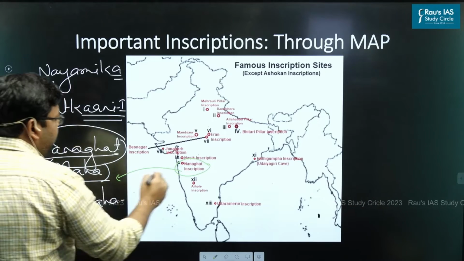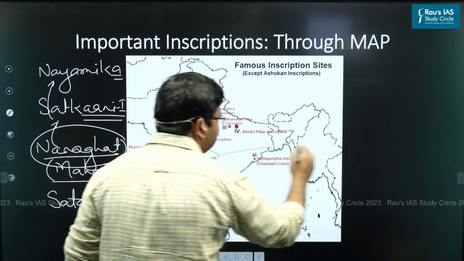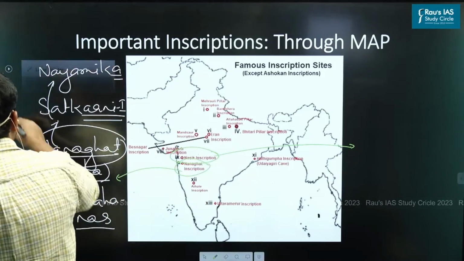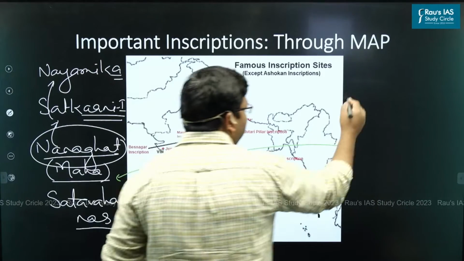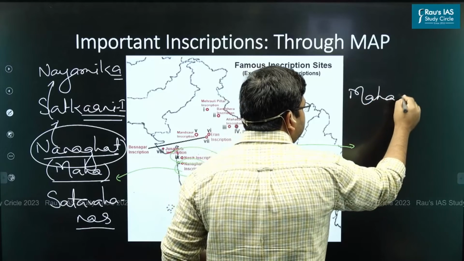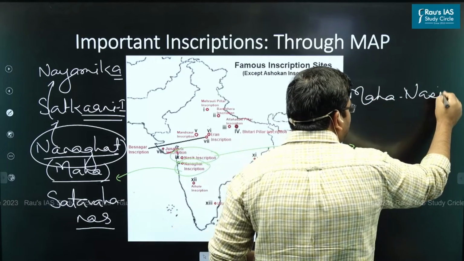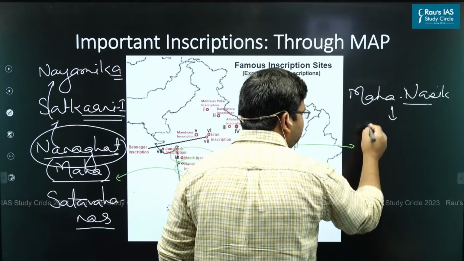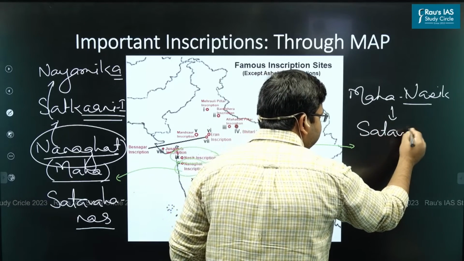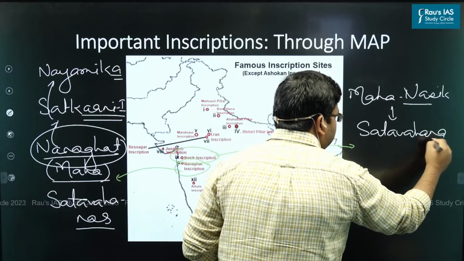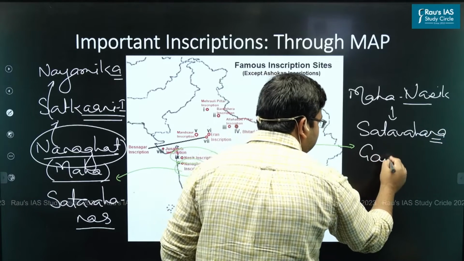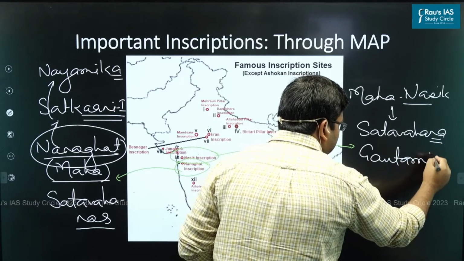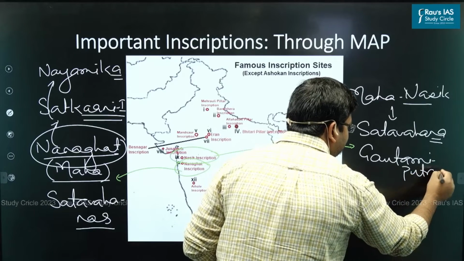Another super important piece of information is the Nasik inscription. Now, the Nasik inscription again is from Maharashtra, and it gives the details of the greatest Satvahana ruler, Gautami Putra Satkarni.